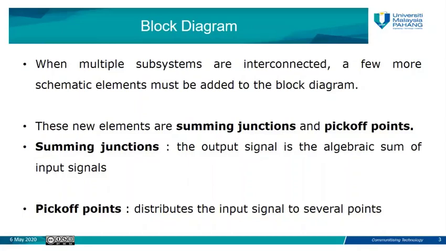For the complicated control system, which consists of multiple subsystems, we have extra elements in the block diagram, which are summing junction and pickoff points. So these two extra elements, in addition to the three main elements that we already mentioned, which are the input, output, and transfer function, will be used to connect subsystems with each other.